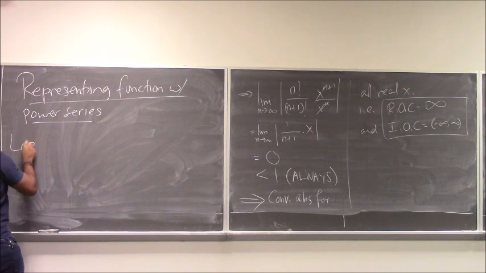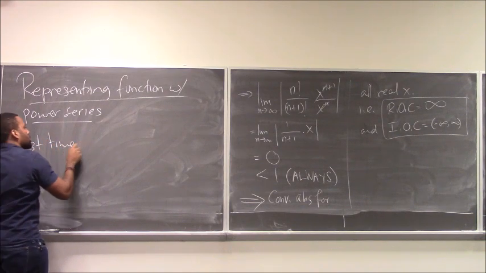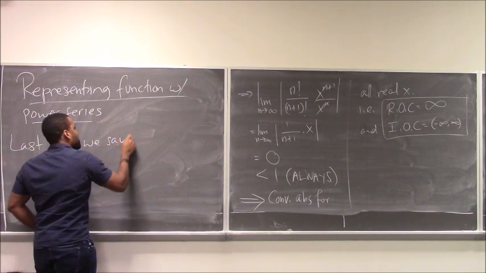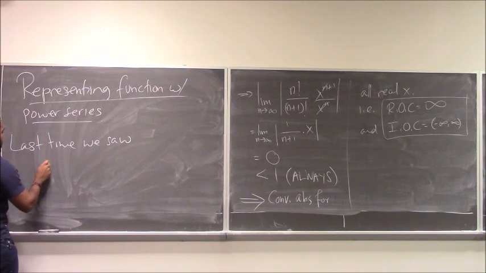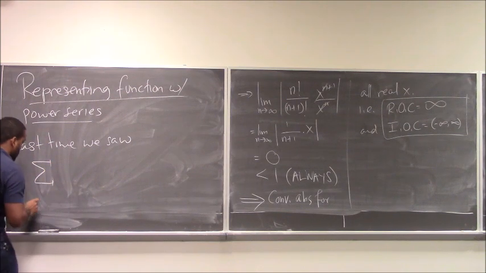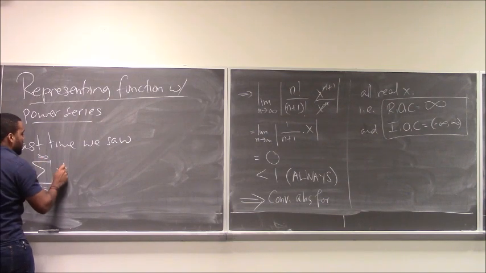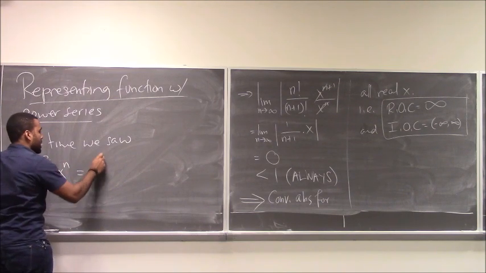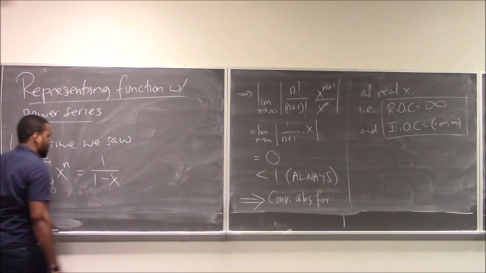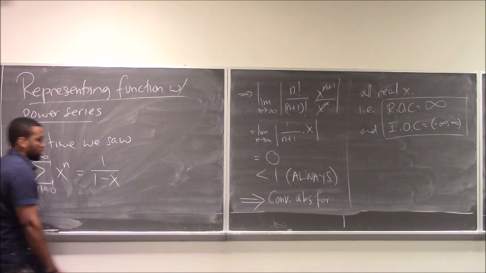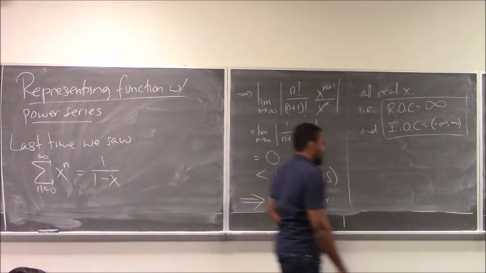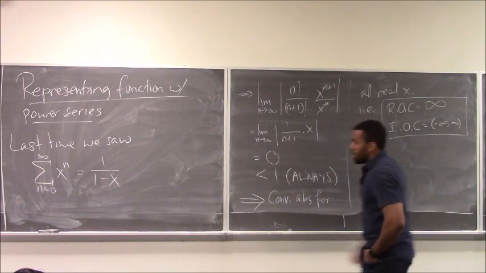Last time we saw that if I look at this series and it goes from 0 to infinity of x to the n, I could actually think of that as the function 1 over 1 minus x because it was geometric with a equals 1, r equals x.